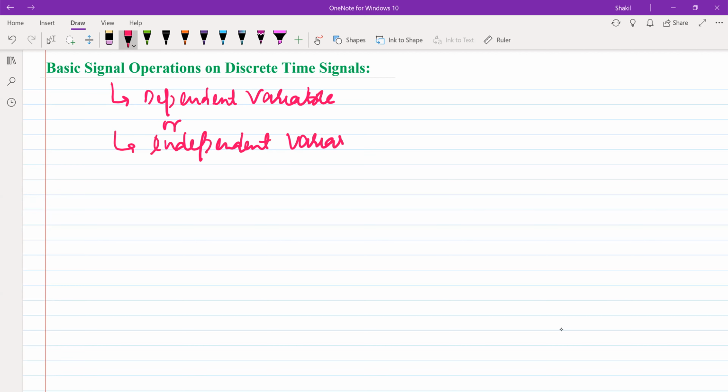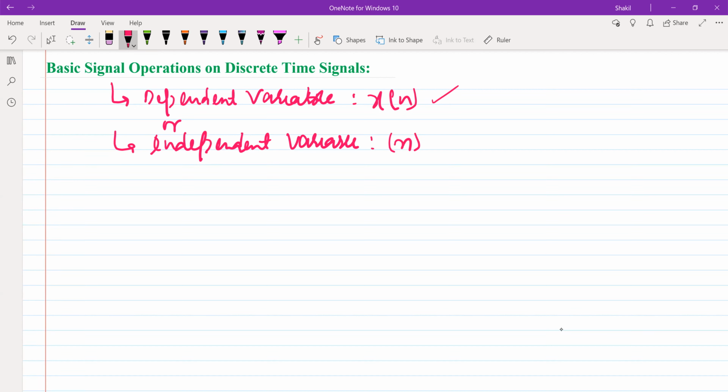Independent variable, which is time, and here the dependent variable is simply denoted by x of n. In the earlier classes we discussed how the various basic operations are performed on this discrete time signal, which are based on this dependent variable.